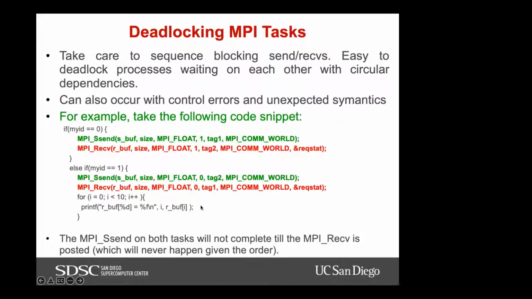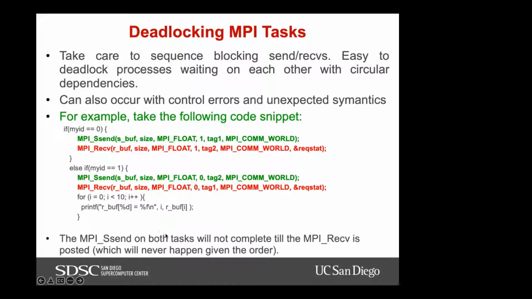So now, as you can see, these are blocking sends and receives. So you can imagine a case where you set something up where the processes are waiting on each other and it never finishes, right? For example, take this code snippet. My ID is 0. You say send something, and then you put a receive for the other side, and then for my ID equals 1, send something, and put a receive that corresponds to that.